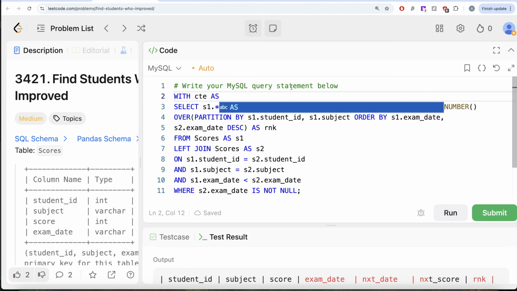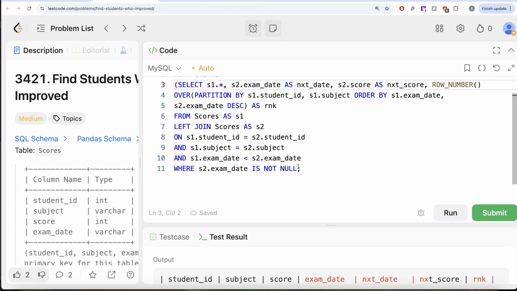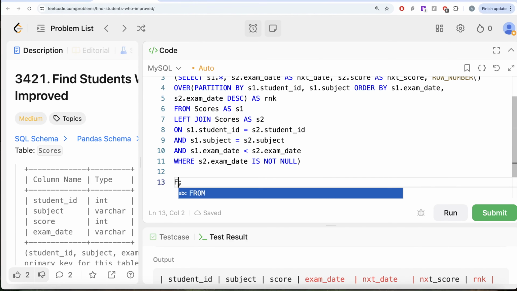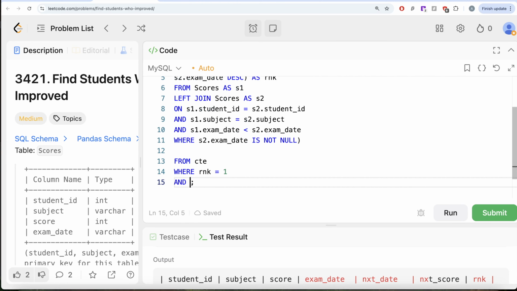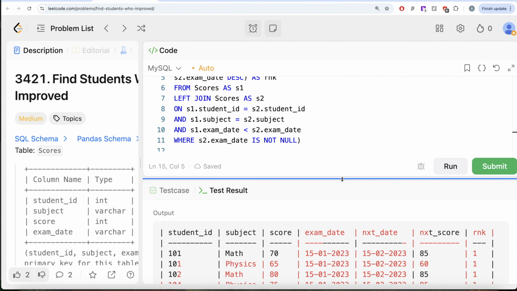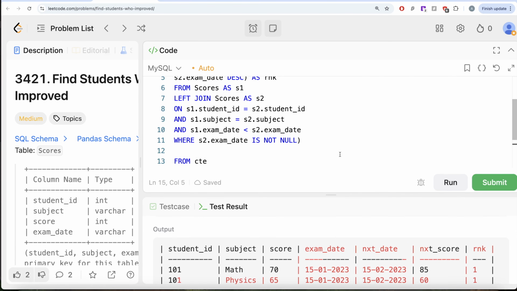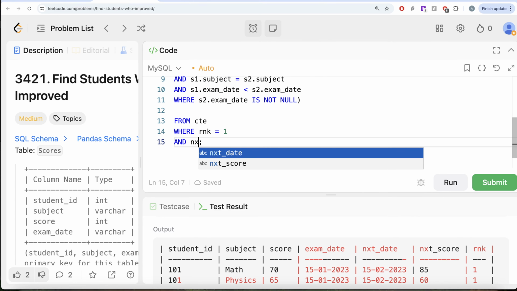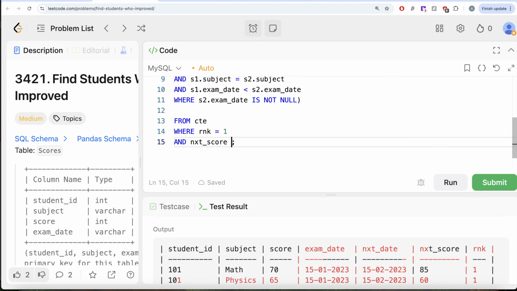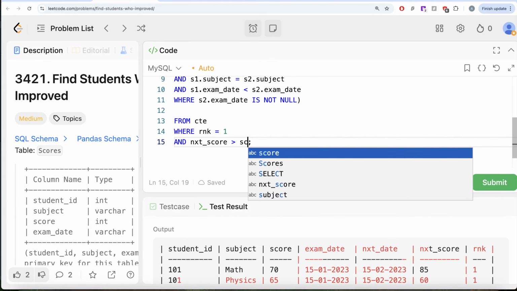So with CTE as, this entire thing goes into parentheses, and then from this common table expression we are only concerned about those rows where rank is equal to 1, and your latest score should be greater than your first score. The latest score is stored in next score, and next score is greater than your score column.